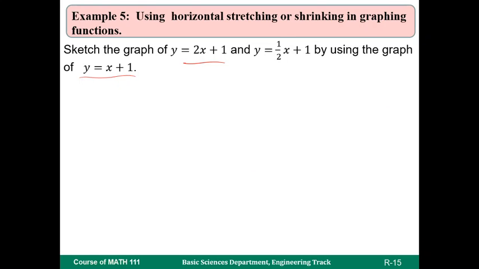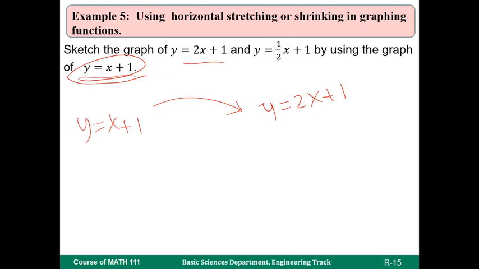We will take this one as our base function, y is equal to x plus 1. When you change it to this one, it becomes 2x plus 1. So as you see, x changes to 2x. 2 is bigger than 1, so it's a horizontal shrinking.